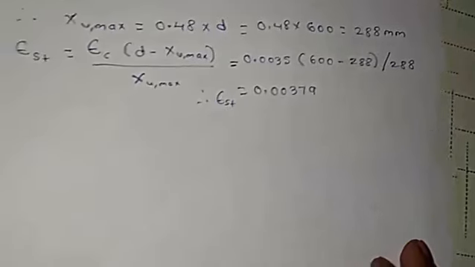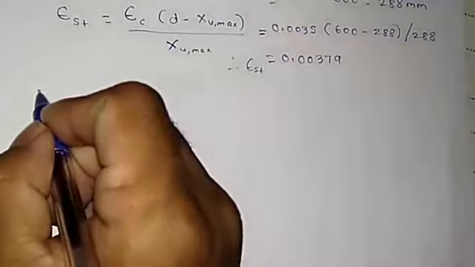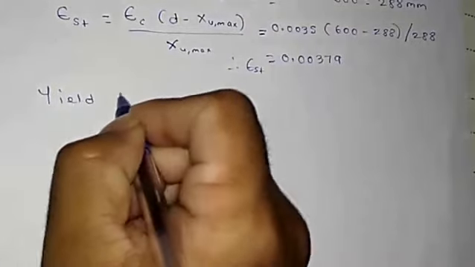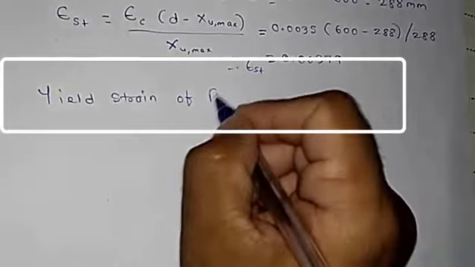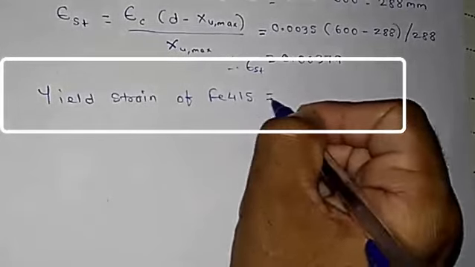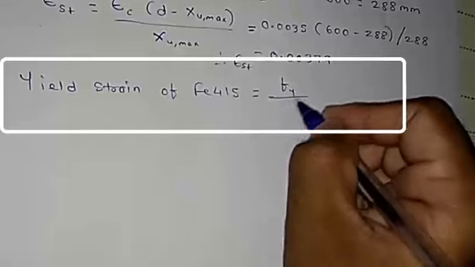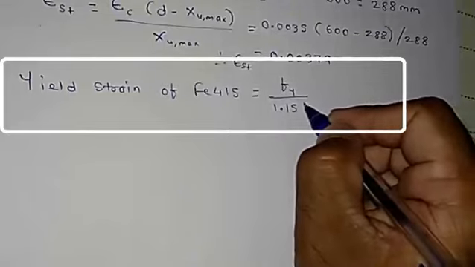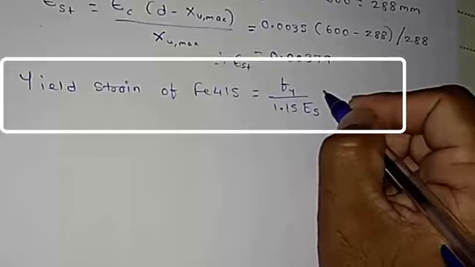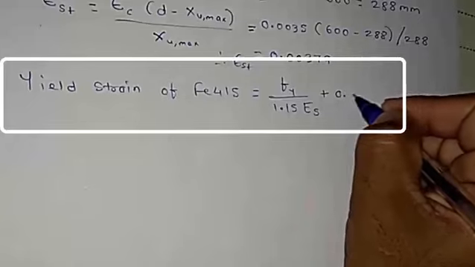Now you can go ahead with the calculation of the yield strain of Fe415, which is already given in the IS code, and you can just keep it in mind. It is 415 divided by 1.15 Es, the modulus of elasticity for steel, plus 0.002.